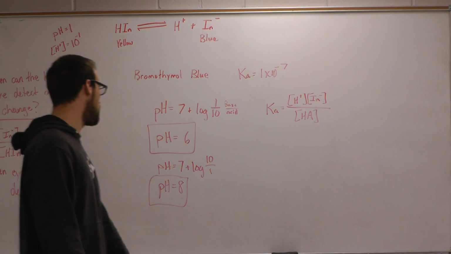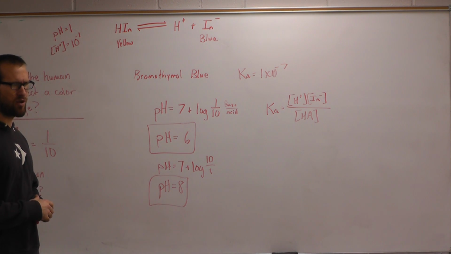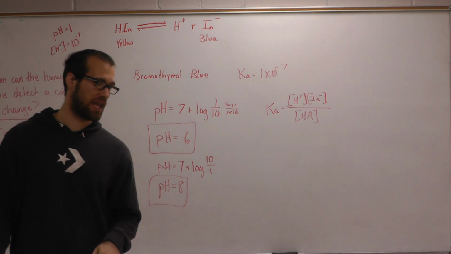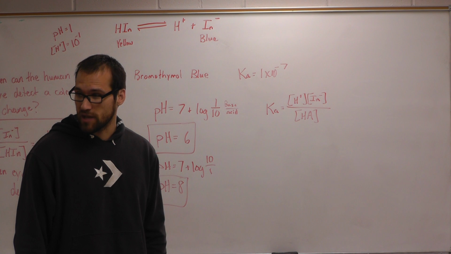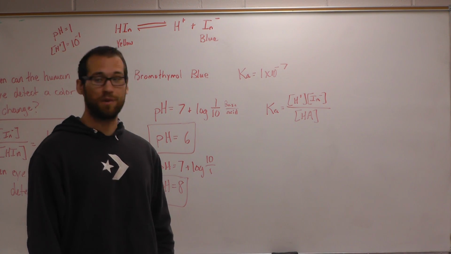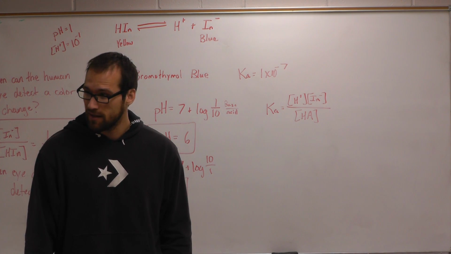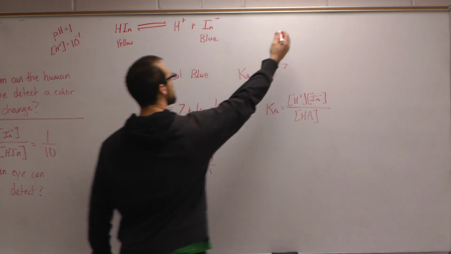Now, when determining an indicator, remember we have to choose one that's close to the equivalence point. Not all equivalence points are 7, are they? Didn't we talk about this when we were doing titrations of weak acids and weak bases? If you have a weak acid, its equivalence point will be basic, and if you have a weak base, its equivalence point will be acidic. So, when choosing an indicator, here's how we do it.